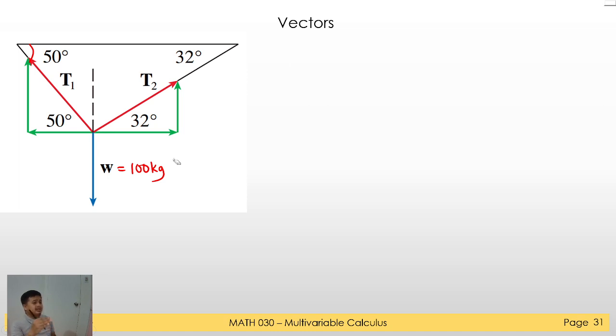That will yield the same principle in vectors: the addition of T1, T2, and this vector W, the sum of the three vectors should be equal to 0.